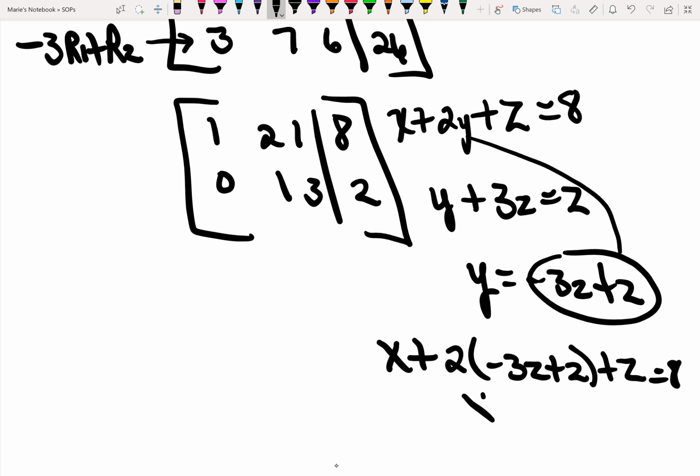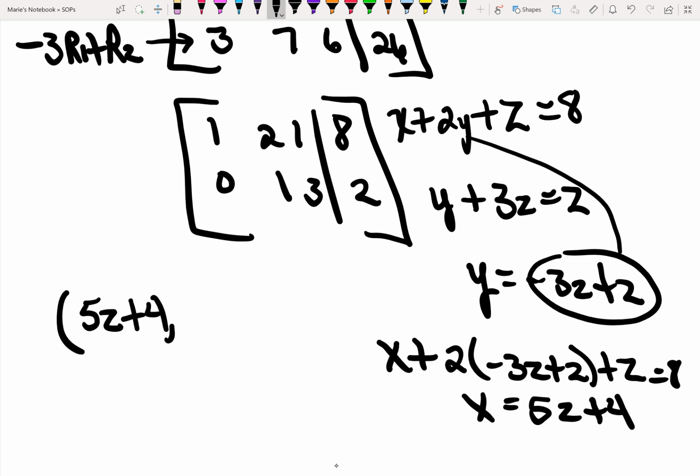You end up with x equals 5z plus 4. So I have z defined. So my solution set here is really just 5z plus 4, and then you're going to follow it up with negative 3z plus 2, and then z by itself, and that's your solution.